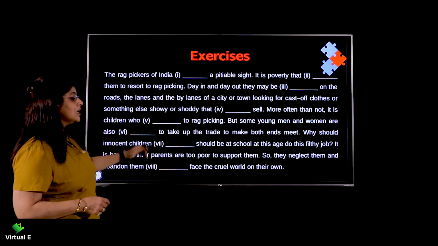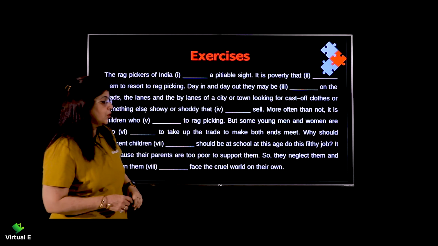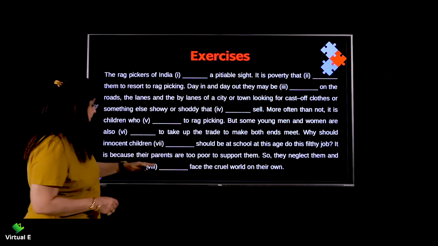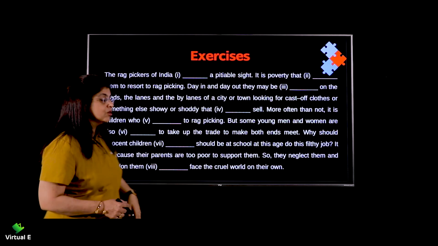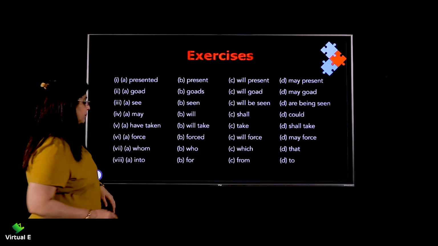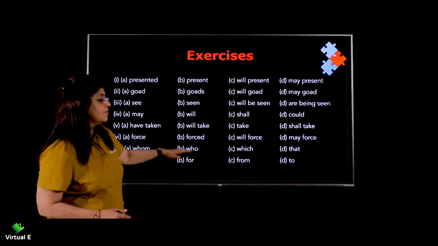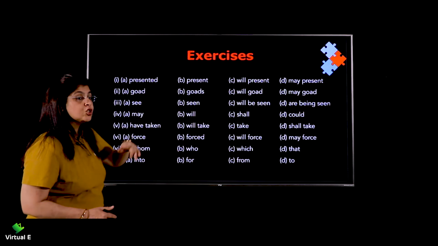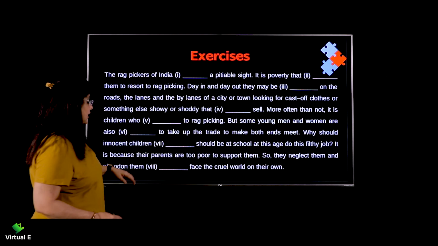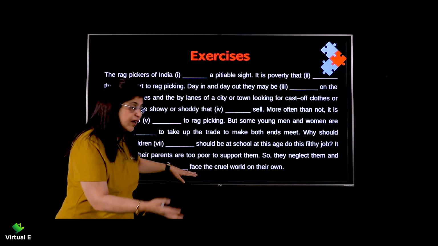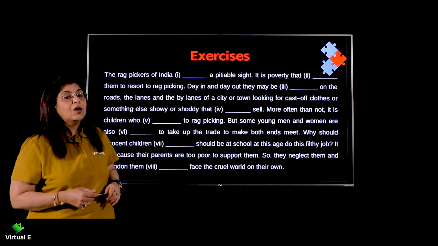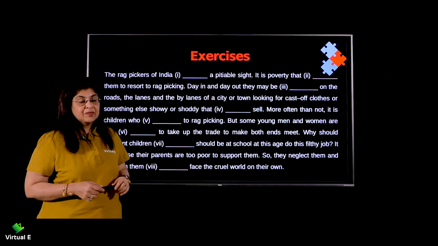It is because their parents are too poor to support them. So they neglect them and abandon them, dash face the cruel world on their own. Into, for, from or to? So what do they do? They abandon them to face the cruel world on their own, right?